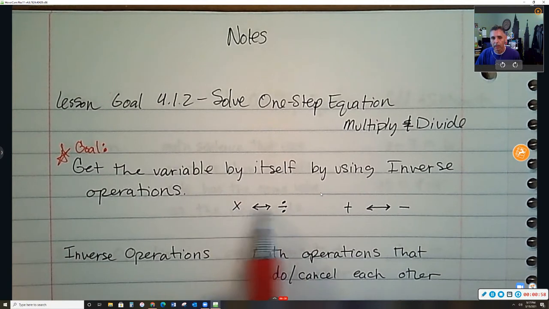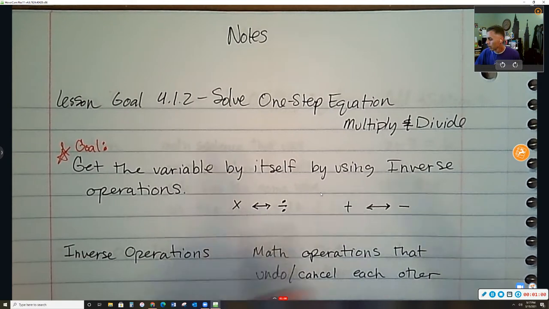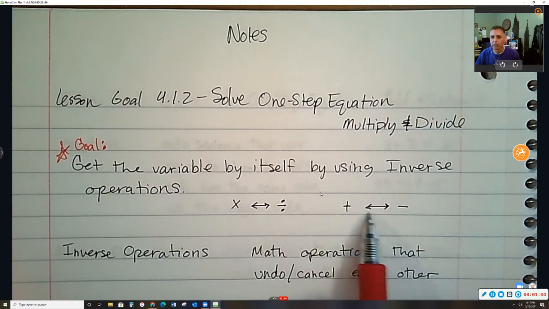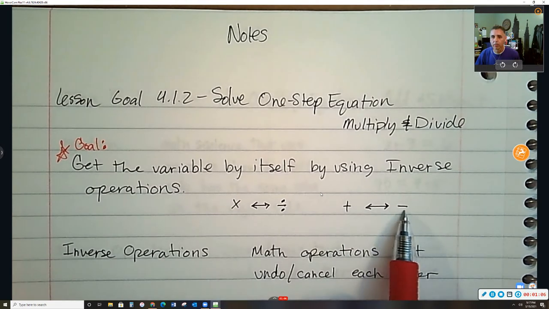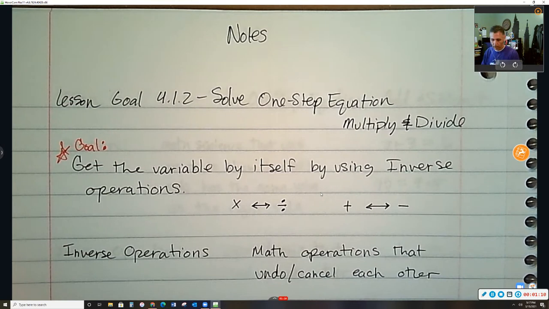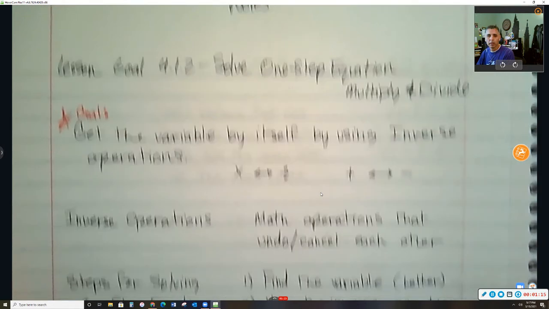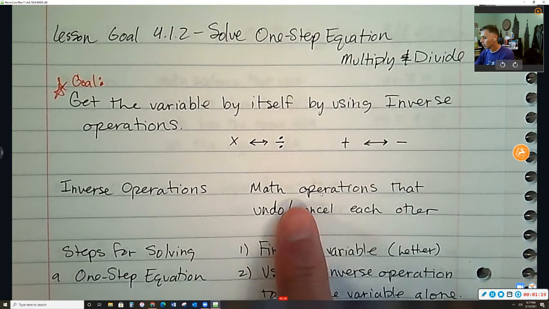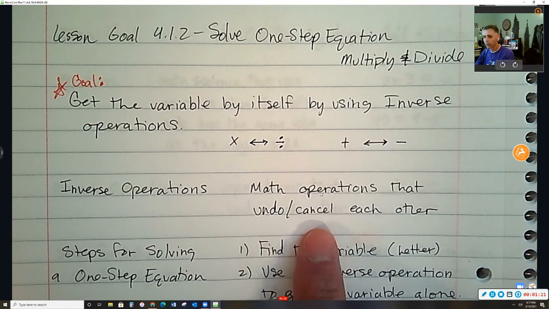That's why I have this arrow going back and forth. And from the last equations we learned, the inverse of addition is subtraction, and the inverse of subtraction is addition. Those math operations undo each other. And again, here's just the definition of inverse operations. Those are math operations that undo or cancel each other.